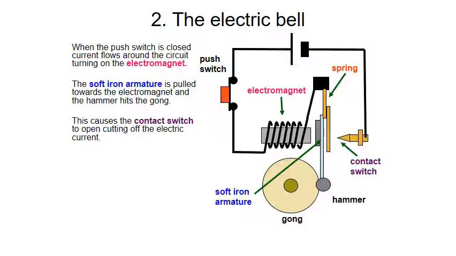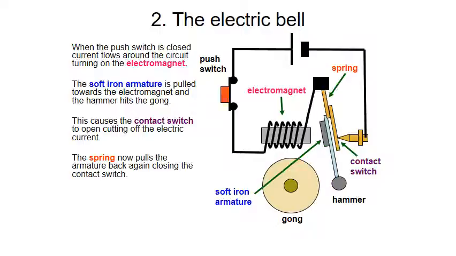This causes the contact switch to open, cutting off the electric current, and so the electromagnet turns off. The spring now pulls back the armature and closes the contact switch, and so the cycle begins again. Current now flows again and the hammer hits the gong again.